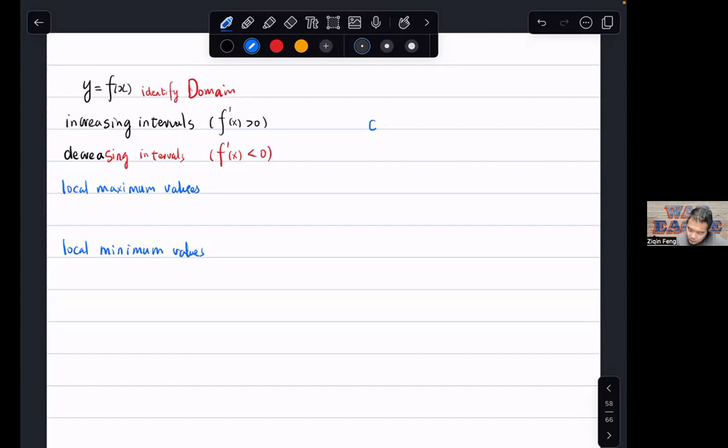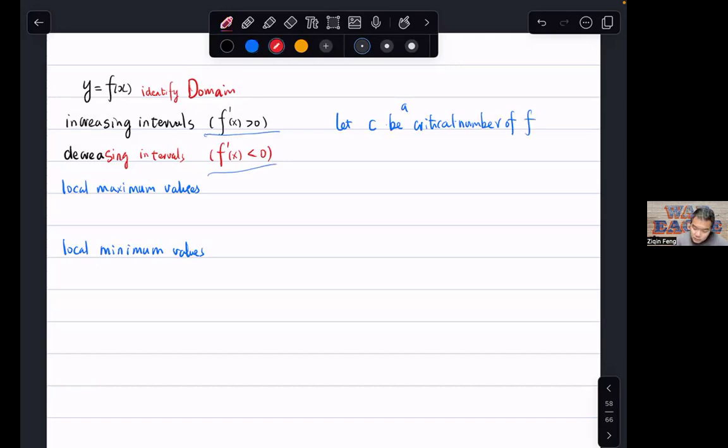Let c here be a critical number of f. By solving f prime to be positive or negative, you have collected all the critical numbers. So how do we decide?